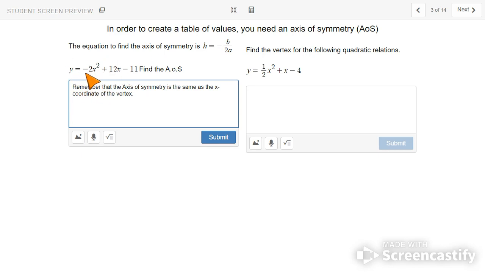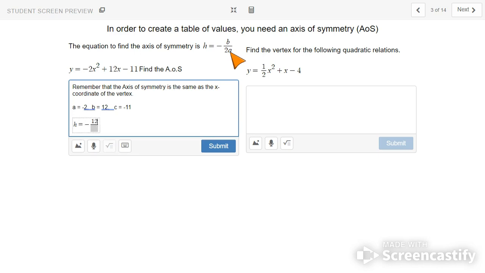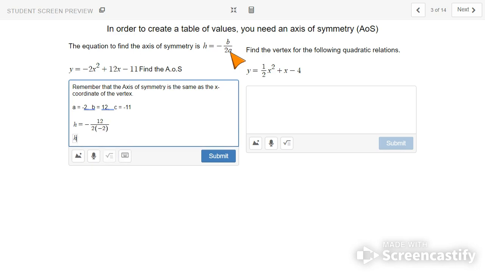We have y is equal to negative 2x squared plus 12x minus 11. Our a term is negative 2, b is 12, and the c term is negative 11. Let's substitute it into our equation. So h is equal to negative b, so that's negative 12, over 2 times a.